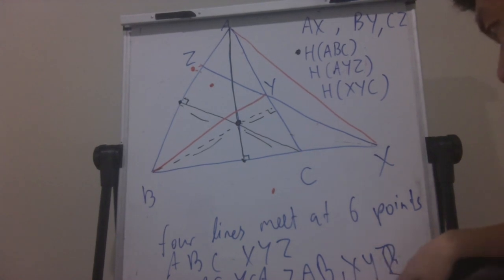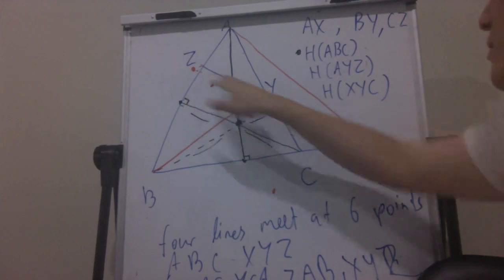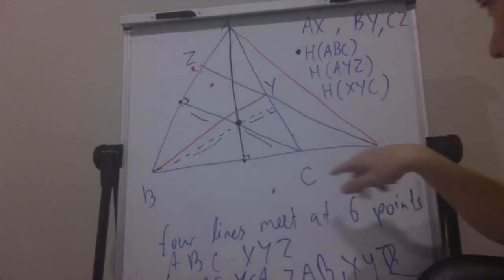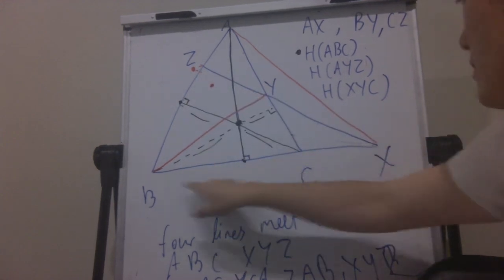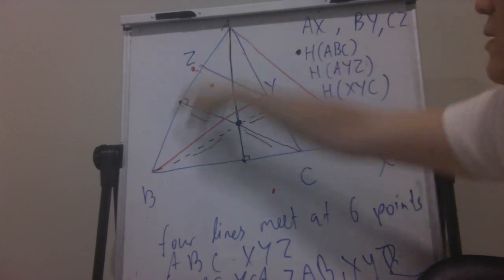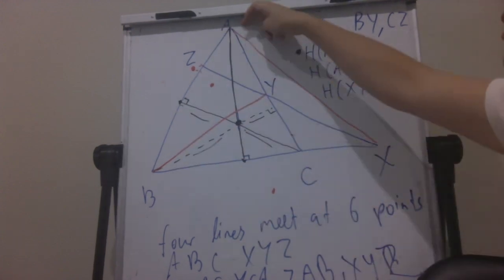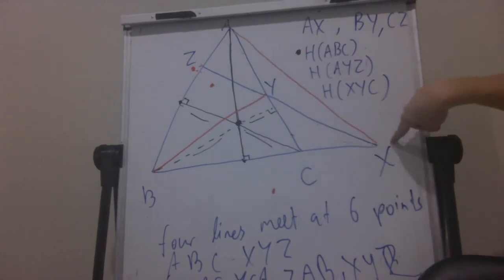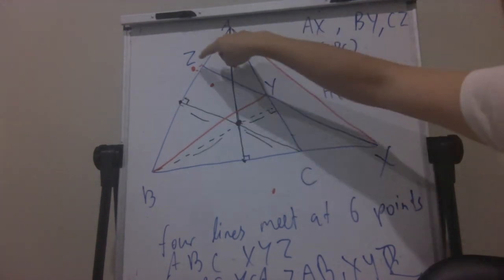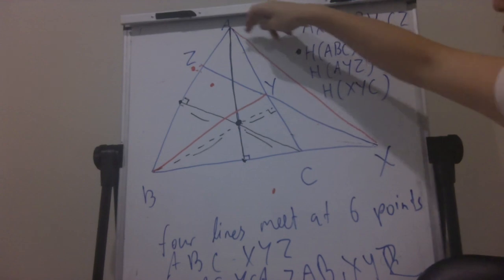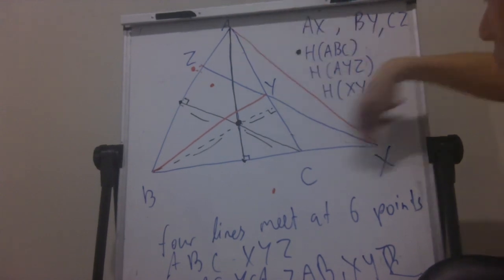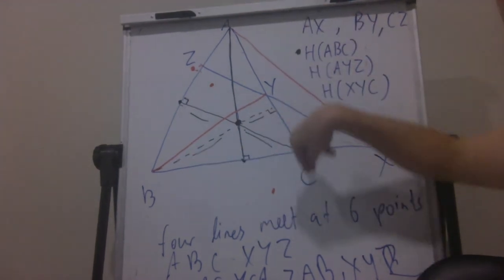Obviously if you have X, Y, and Z collinear, you have the symmetry: X, B, C collinear, X, B, Z and A collinear. You can view it as a triangle with one point here that makes this collinear, or you can view it as this other triangle with this point.